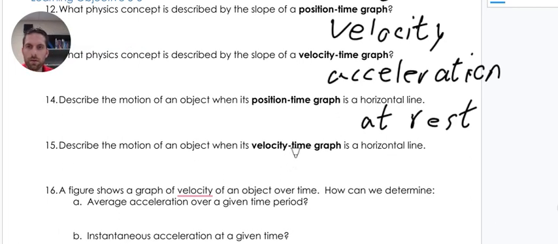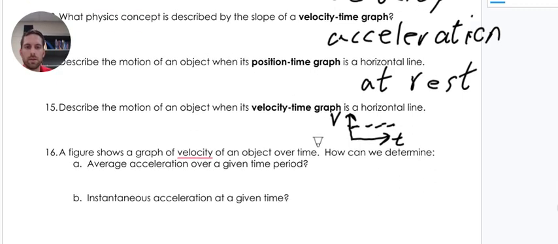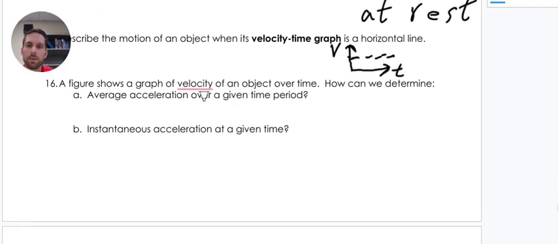When we are describing the motion of the object, when it's a velocity time graph, it's a horizontal line. That means that it's moving at a constant speed if it's above or below the axis. If it's at 0, it's not moving at all. So if we are on a VT graph, and we're moving some straight line, pretend that's straight. If it's above, it's some constant speed.